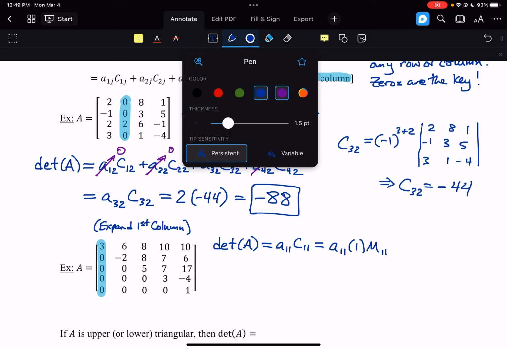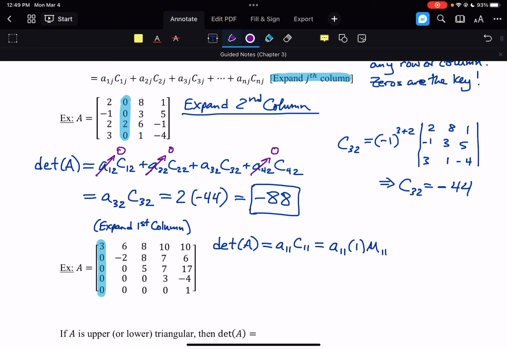That minor is going to be the determinant of the submatrix when you block off the row and column. So this 4 by 4 here. So this is the determinant of the 4 by 4 matrix.